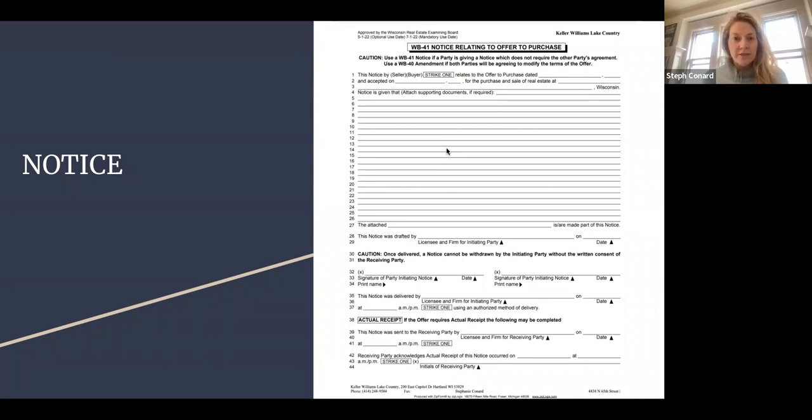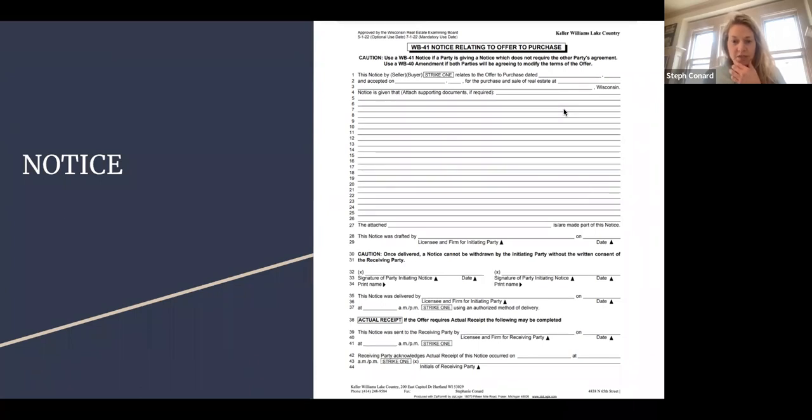And then on line 3 is where you'll put the address. And notice is given that, and then you'll use the lines between 5 and 26 to state what the notice is. On line 28, you'll state who drafted the notice.